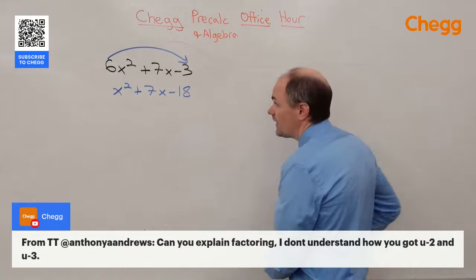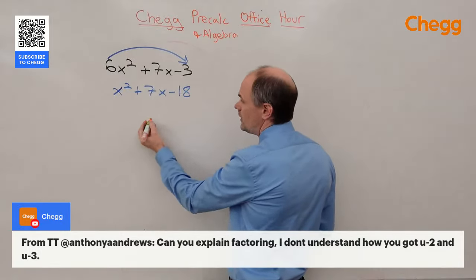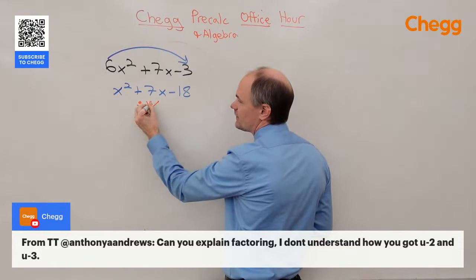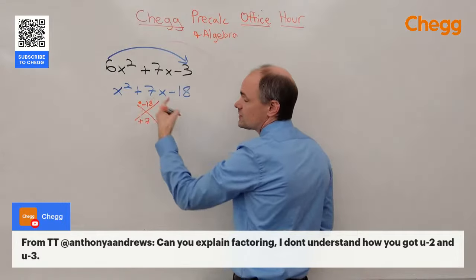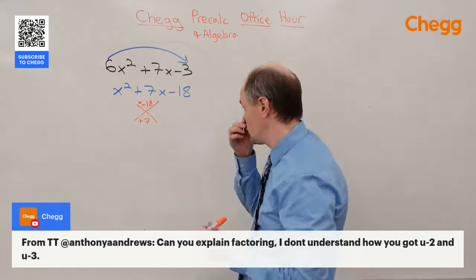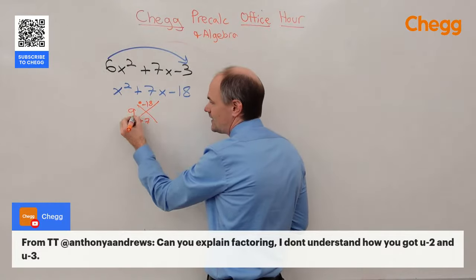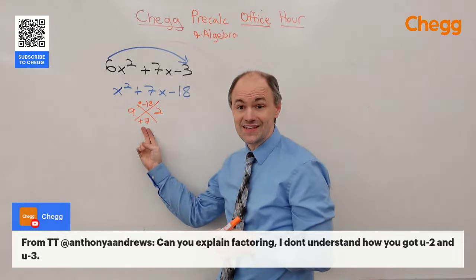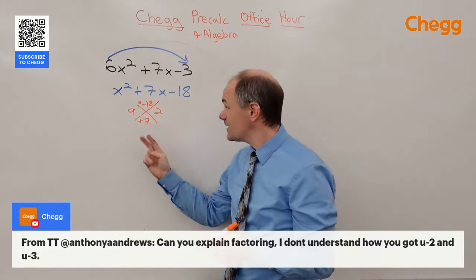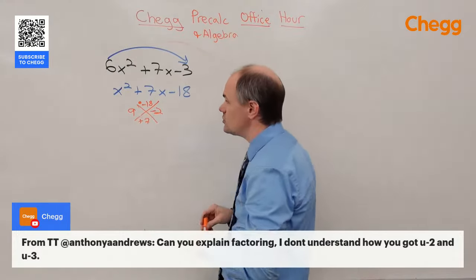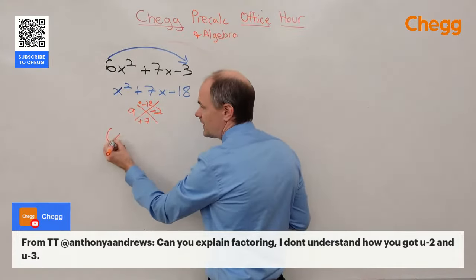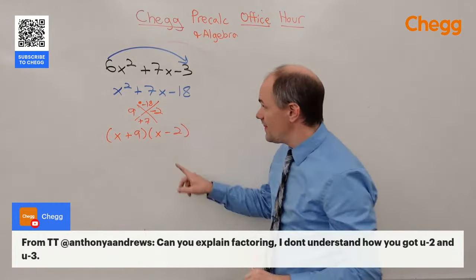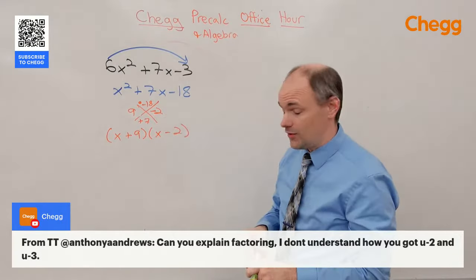So the idea is we want to find two numbers that multiply to this last number of negative 18, but add to this middle number of 7. Well, 18 is 9 times 2. It's also 6 times 3, but if I do 6 and 3, I can't get the number 7. But I can get the number 7 with 9 and negative 2. And so my factors are going to be x with a positive 9 and x with a negative 2. That's going to factor this easier problem.